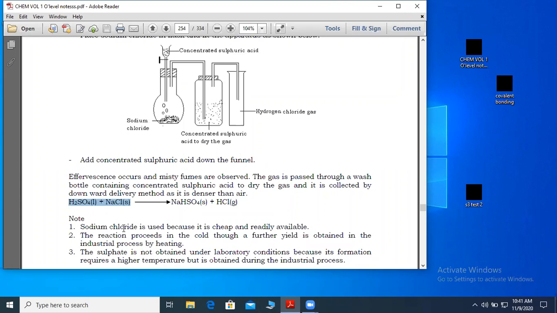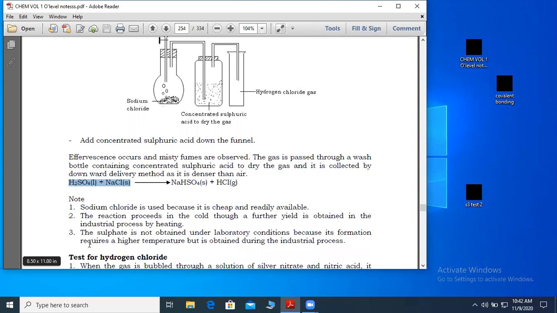Note, sodium chloride is used because it is cheap and readily available compared to potassium chloride. The reaction proceeds in the cold, though a further yield is obtained in the industrial process.